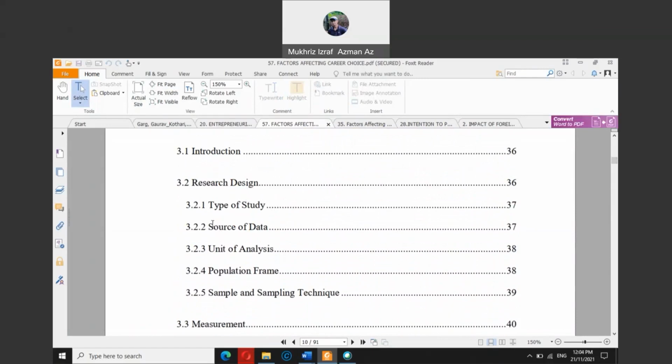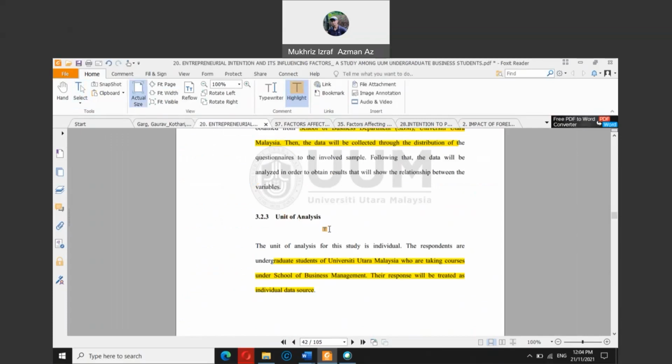Source of data comes from where you get the information from, basically the population of your study. And then we look at the unit of analysis. The unit means the person that you are going to study is an individual, because sometimes it might not involve a particular person. It might involve, for example, just a certain group or department.